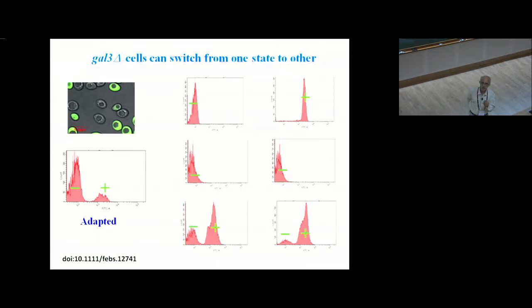So which one exactly binds to GAL80, either GAL3 or GAL1? A paper appeared in 2012. What they're trying to say is, you induce the system, GAL3 binds GAL80, the system is turned on.